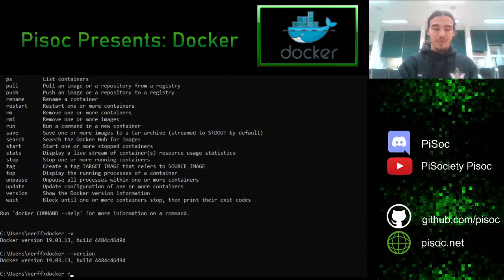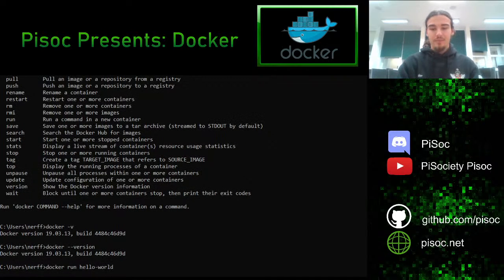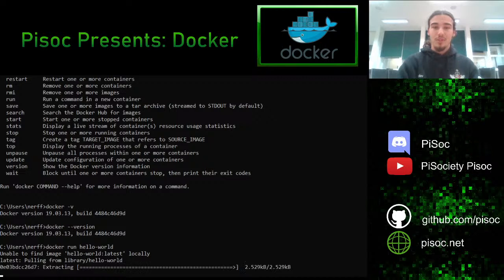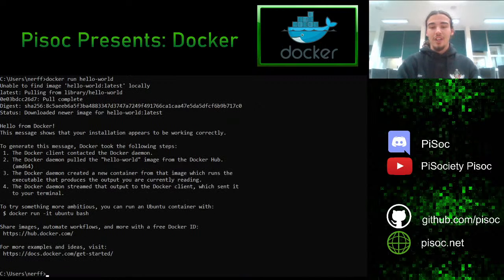So if you type in docker run, which usually executes a container, and then type hello-world, that's going to look for an image for the hello-world container, and if it cannot find it, it's going to pull it from Docker Hub, which we're going to have a look at soon, and execute it.